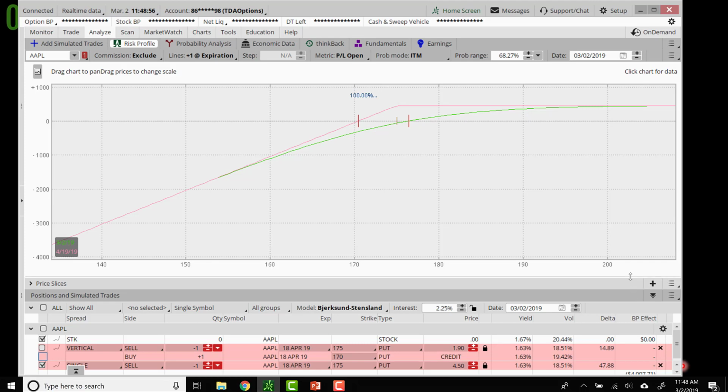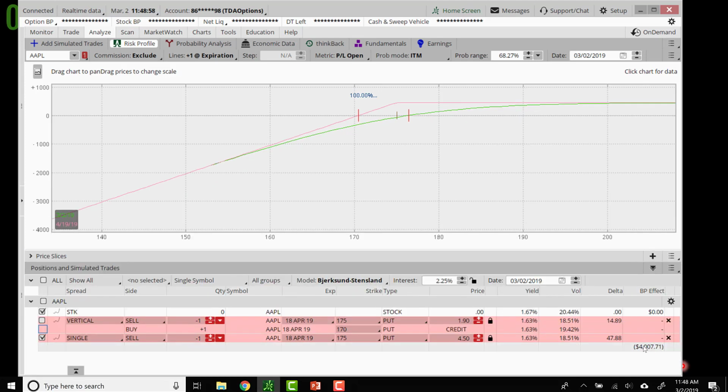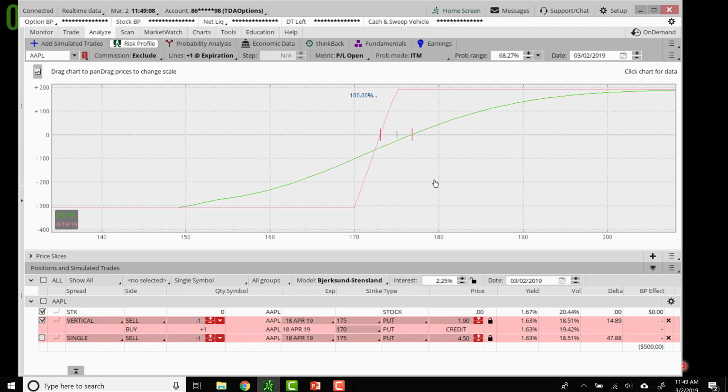The buying power for doing this is $4,000. So a lot more money is being blocked for doing this naked short put on Apple. But if I were to do a spread, my buying power is reduced to just $500. But my maximum profit potential as well as the maximum loss are both contained.